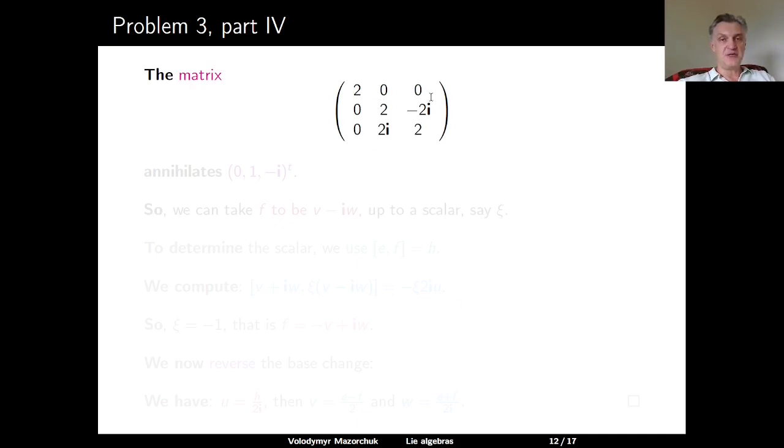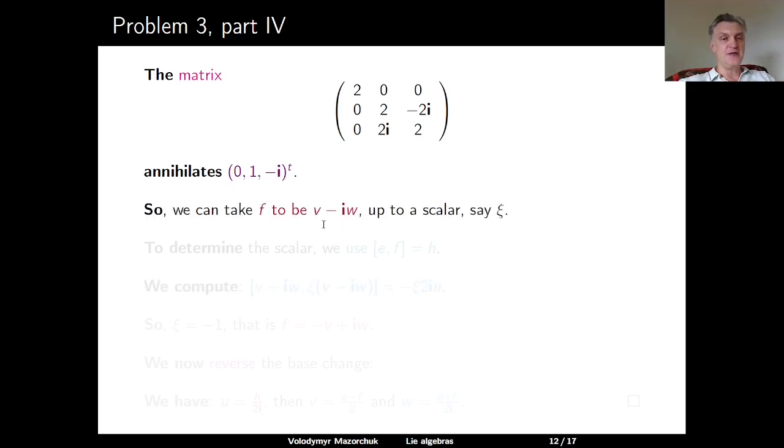So we take our matrix, subtract minus 2 on the main diagonal, which means add 2, and find the vector which this matrix annihilates. For example, we can take the vector (0, 1, minus the imaginary unit i).